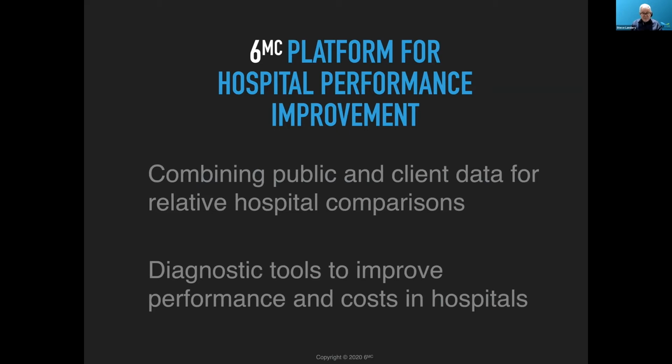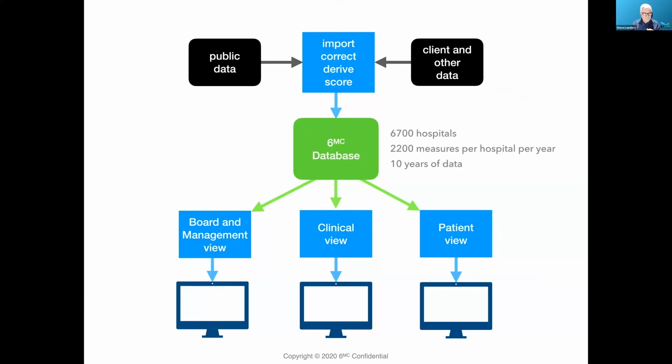6MC was formed to address this challenge by automating the knowledge of the domain experts and by providing tools to apply that knowledge to enable relative hospital performance analysis. The architecture of the platform is a bit like this. Essentially, the US public health data records are mined along with client and other data.